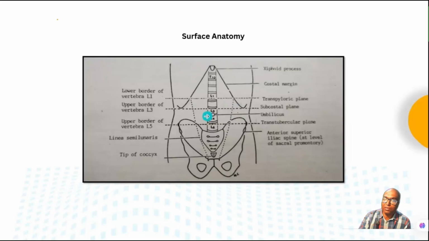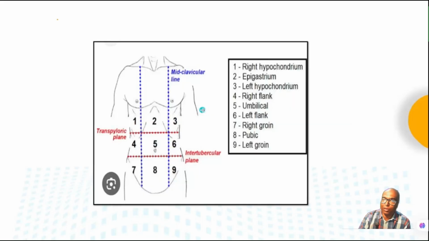Okay, so we will not be able to identify the transpyloric landmark externally, but the subcostal landmark we definitely will be able to identify. So the subcostal plane, we are going to say, is the transverse plane in the upper part which is used.